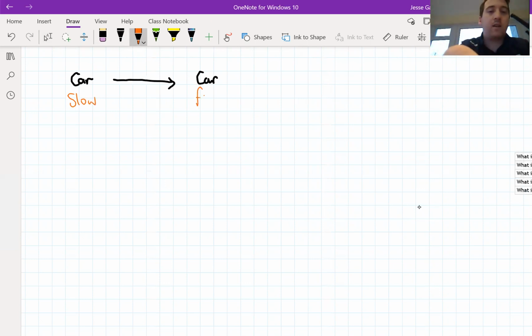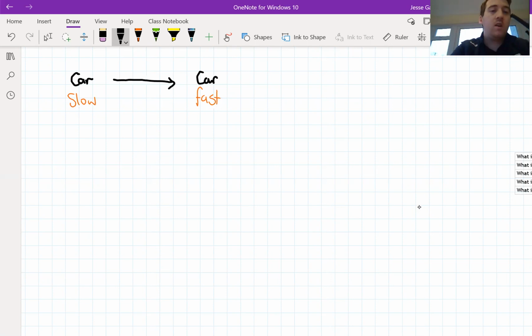So they push down the pedal, accelerator pedal, and that makes the car go faster. Well, something has happened. The car has gone from moving slow to moving fast. So something happened. So energy is involved. And we say that energy has been added to an energy store. Now, it's not the thermal energy store because we're not really interested in the temperature of the car here. What we're interested in is how fast the car is moving.